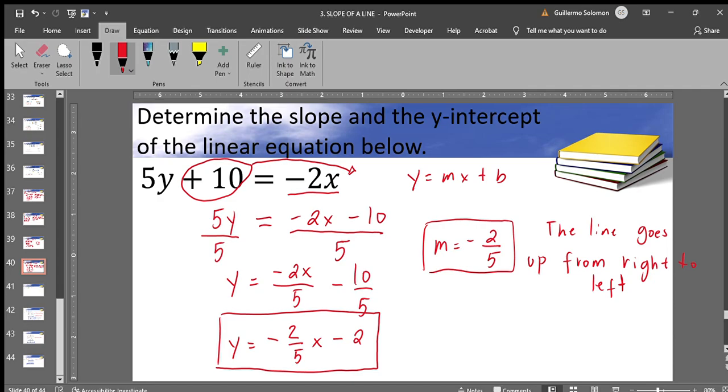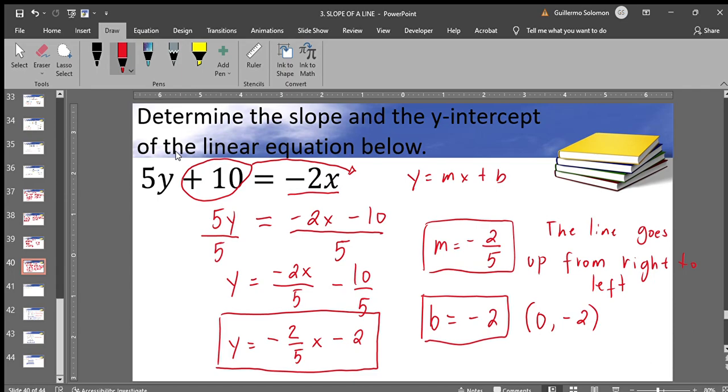The line goes up from right to left. Next, our value of y-intercept here is negative 2. So since we have a negative 2 for y-intercept, meaning to say, our graph will intersect at negative 2.